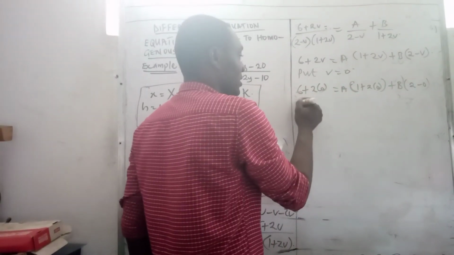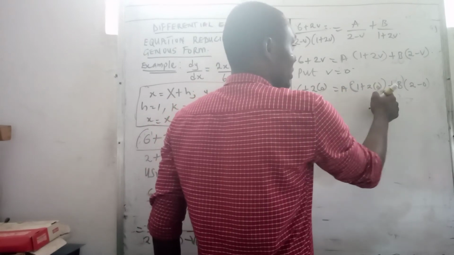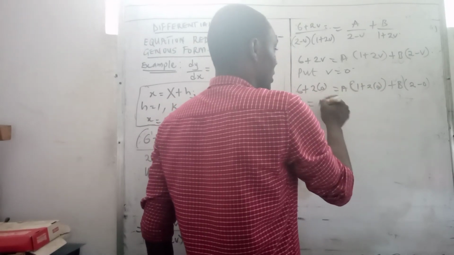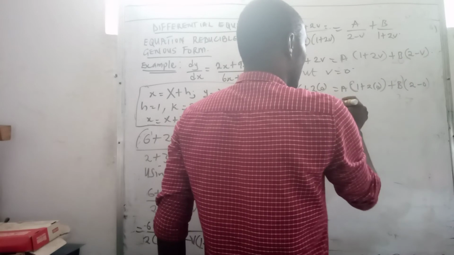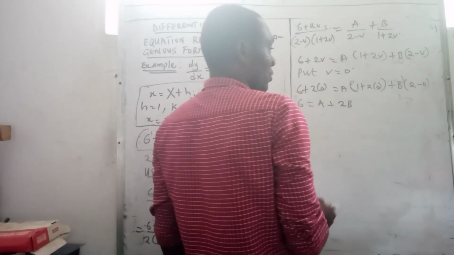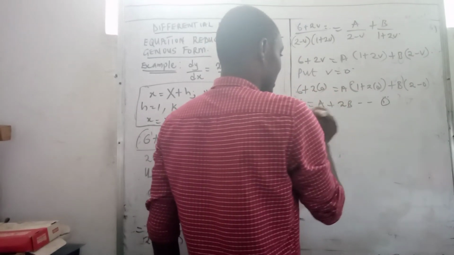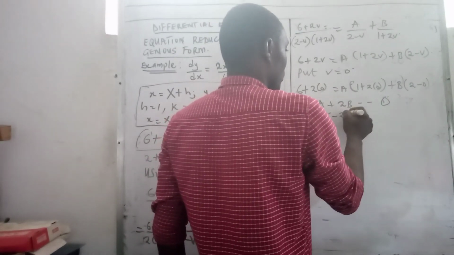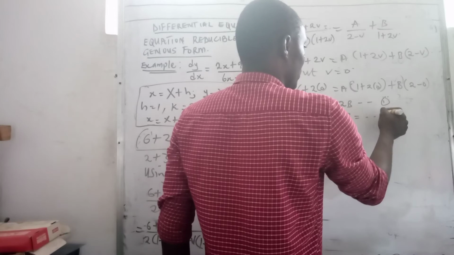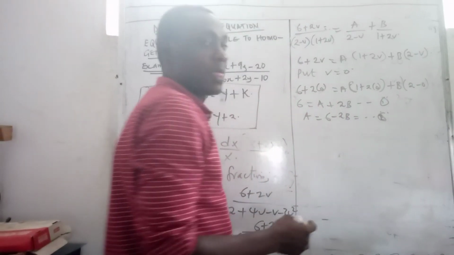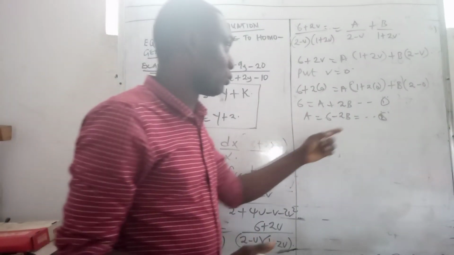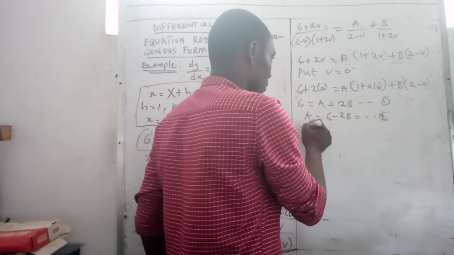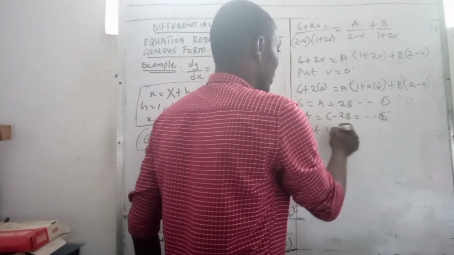So I'm going to have 6 equals a plus 2b, equation 1. So I can say that a equals 6 minus 2b. I call this equation 2. So let's move forward. We can do that again. Put v equals 1.